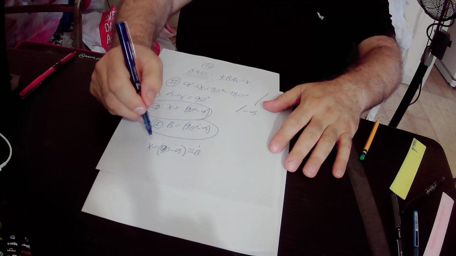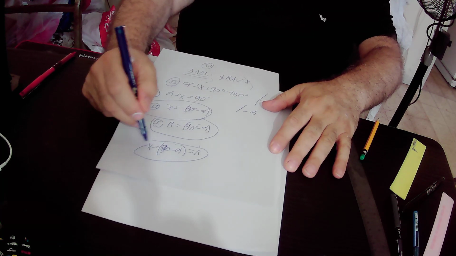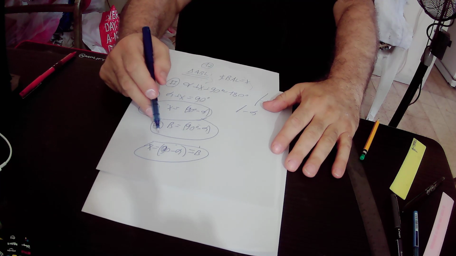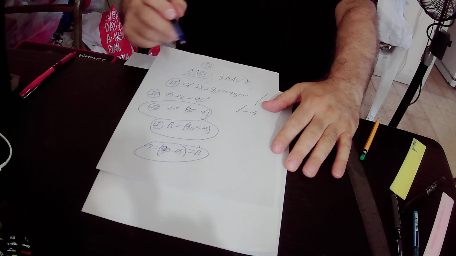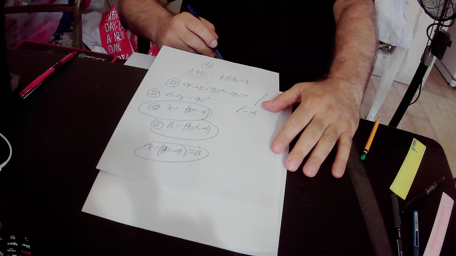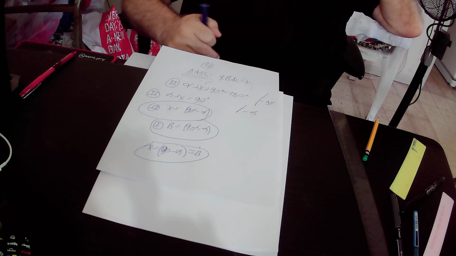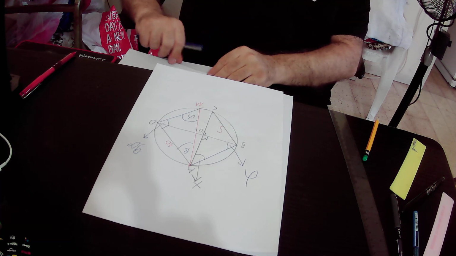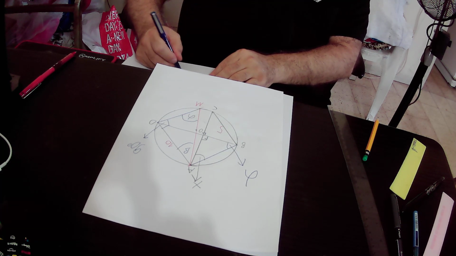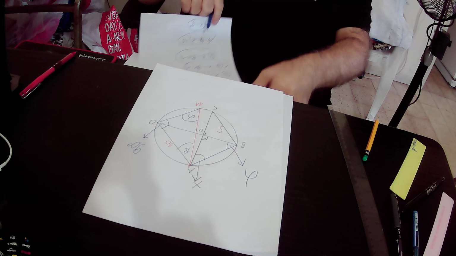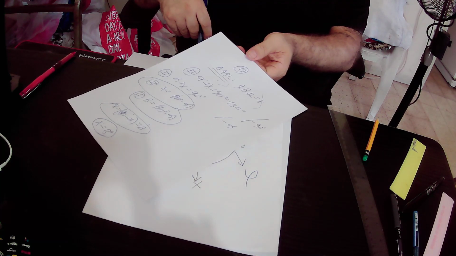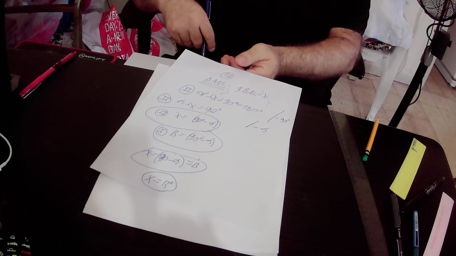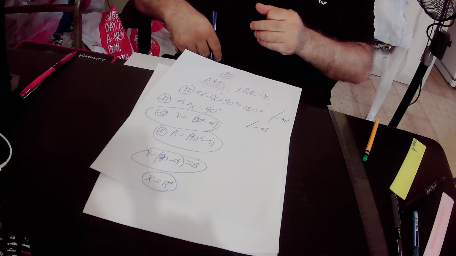So from this equality, we can deduce that x equals beta. So we got the equality that x equals beta.